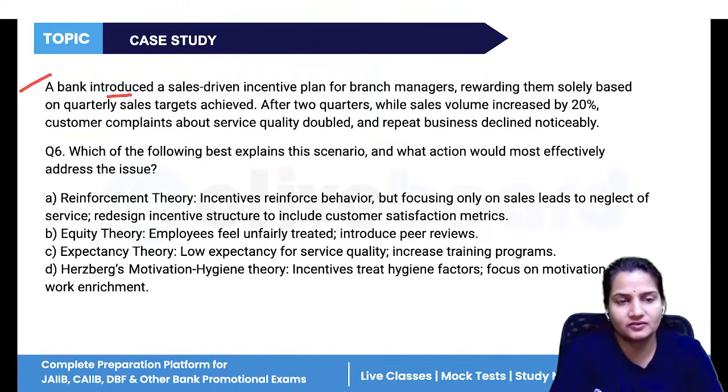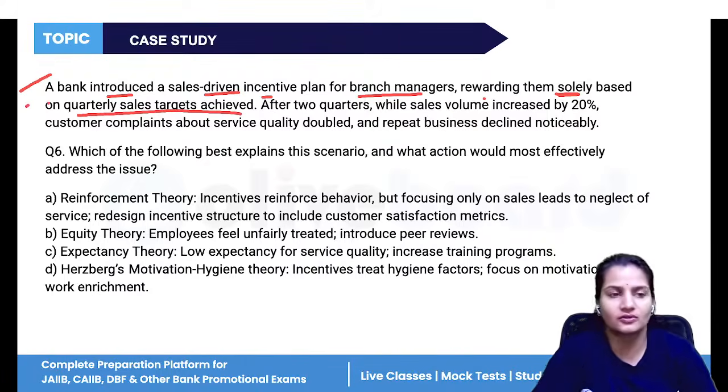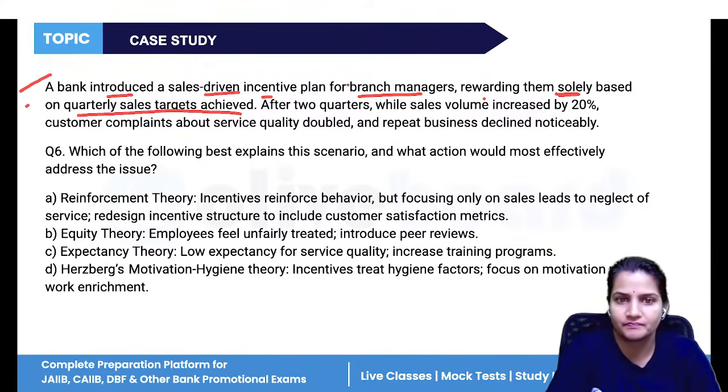Now, a bank introduced a sales-driven incentive plan for its branch managers, and the bank rewarded them solely on the basis of quarterly sales targets achieved. The bank gave the reward only when the sales targets were achieved. After 2 quarters, the sales volume increased, but there were complaints that the service was not good, and repeat business declined.